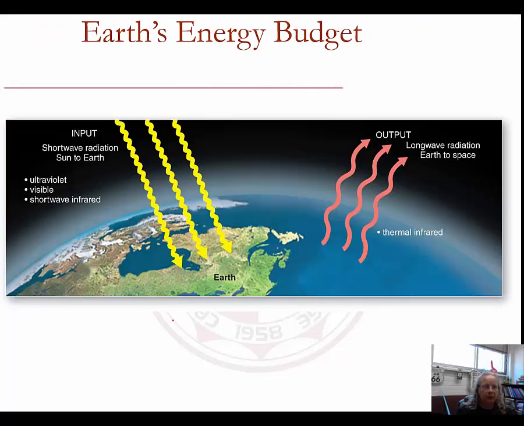It's important that you understand that there is energy coming in from the sun, hitting the Earth. A great deal of it is filtered out by the Earth's atmosphere. There is some that does get to us in the visible light range, and then it is turned into what we feel as heat, called long-wave radiation, and that escapes back.